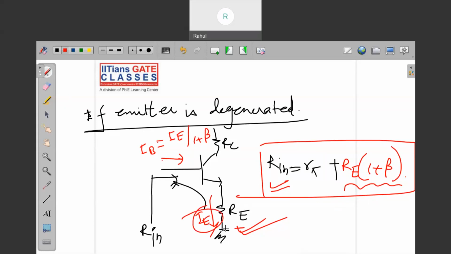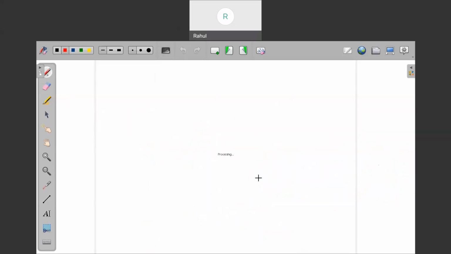So if RE is present here, what should the resistance be? It will be RE times (1 plus beta). This is a very important concept for everyone. And if RB is also present, you have to consider RB as well. These are important notes.